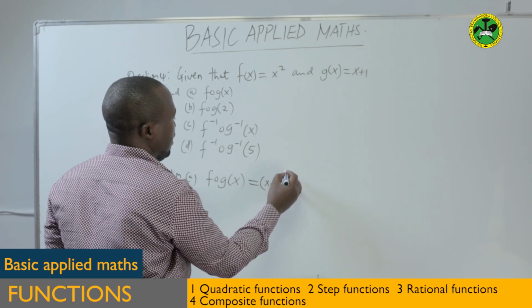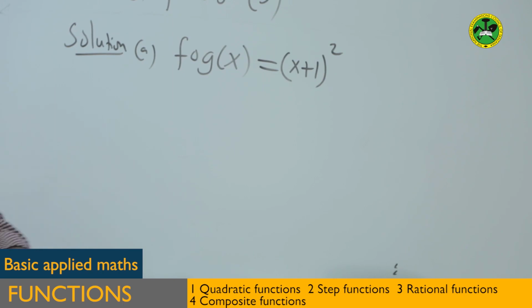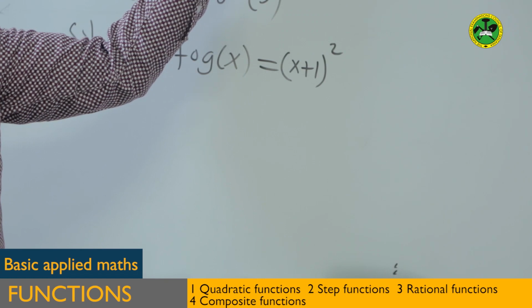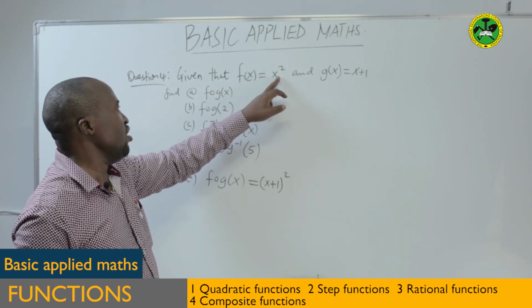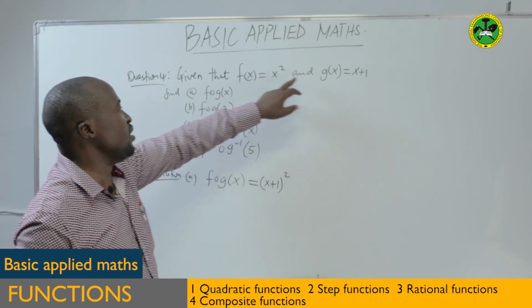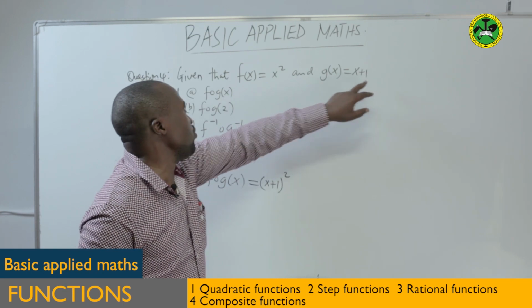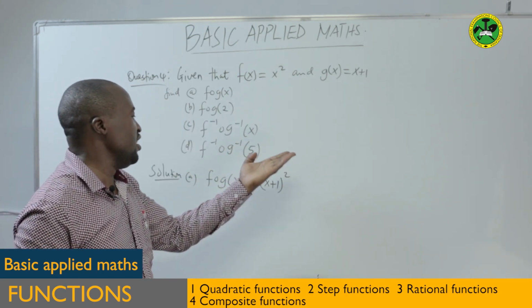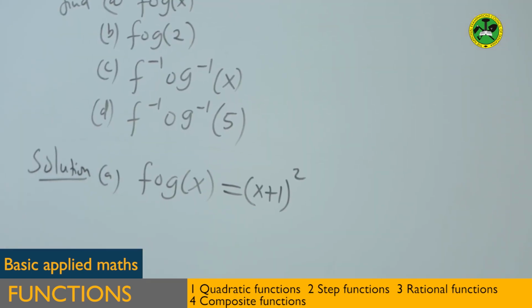But remember, this one is squared. So the variable x will be displaced by x plus 1, and it will be x plus 1 squared. So that is what we call f of g of x.